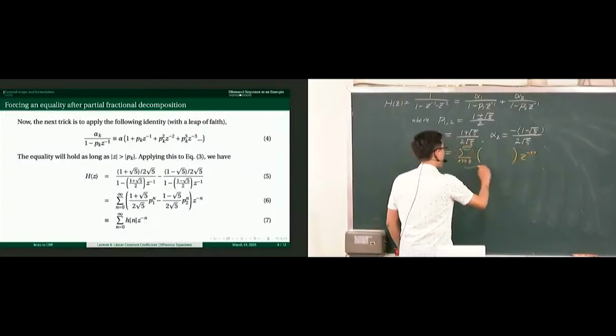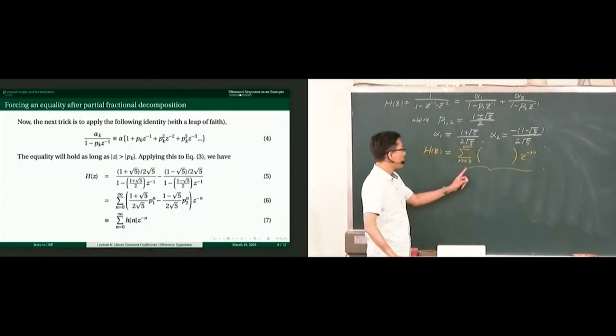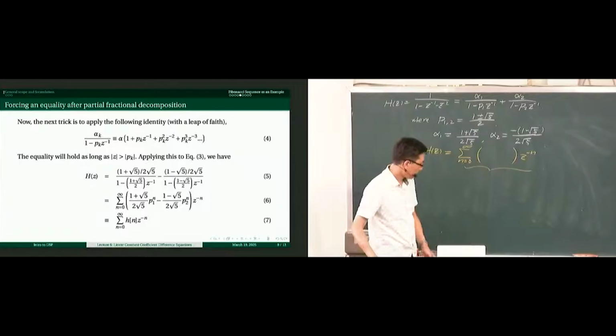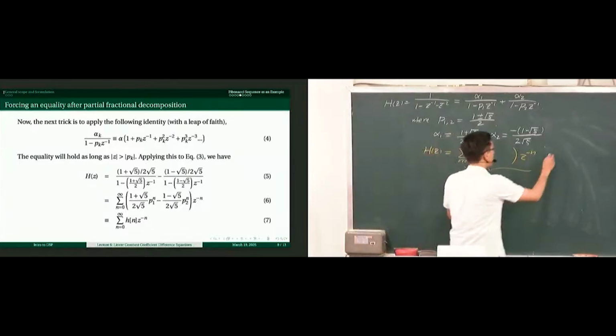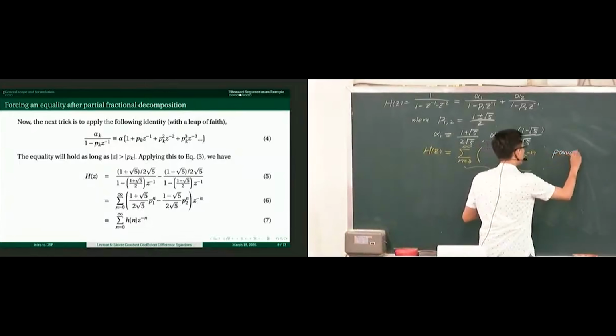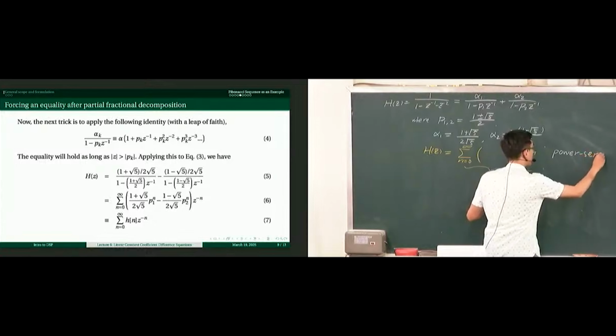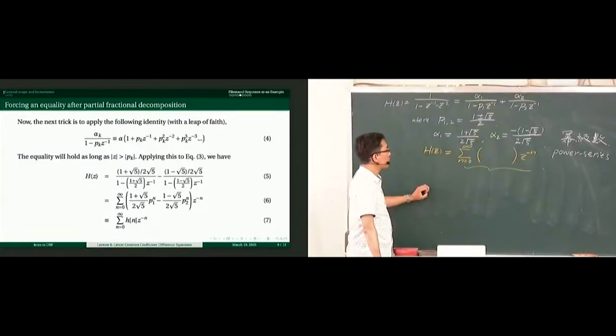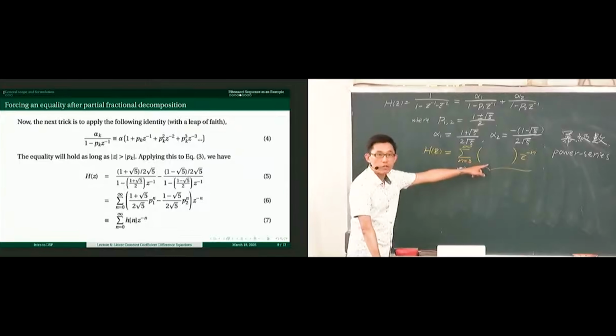In general, any function with this expression is called a power series, or in Chinese, 幂级数. This is the power series expression of H of z with a big thing inside.